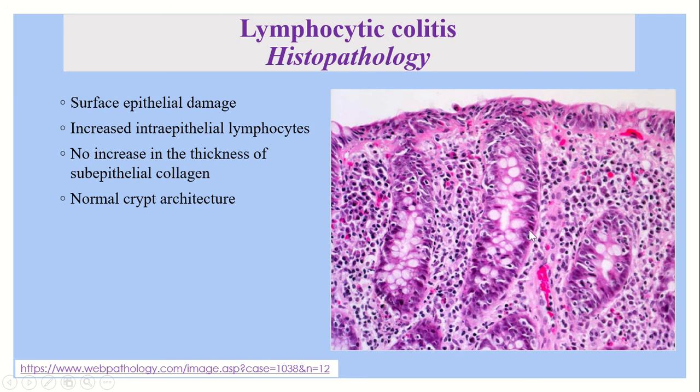We only focus on the architecture of the crypts and the presence of intraepithelial lymphocytes, because lymphocytes in the lamina propria are a normal condition for the large intestine. But if we find intraepithelial lymphocytes, that is a marker of inflammation, and here you see an abundant number of intraepithelial lymphocytes with normal crypt architecture.